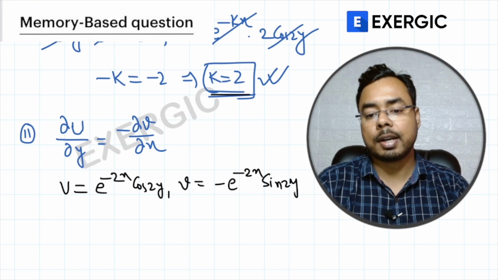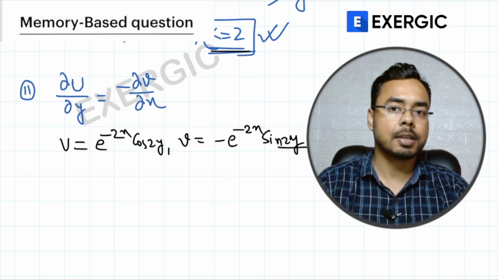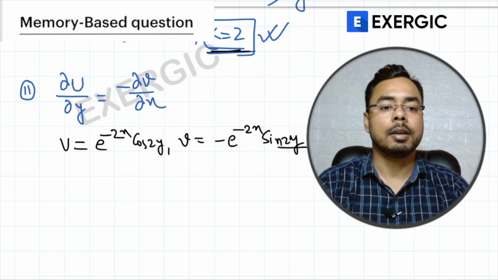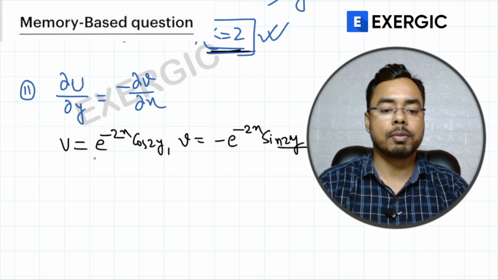Now let us check whether the second equation is satisfied or not, because sometimes in GATE they have asked such problems that there is no value of k for which the function is analytic. If the function is analytic, then it has to satisfy both of those equations, right?